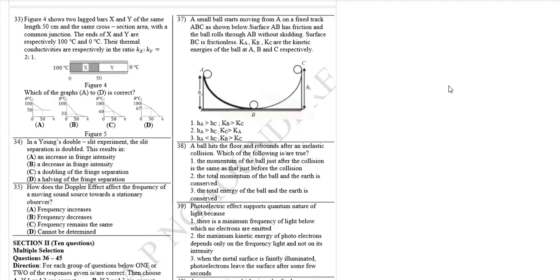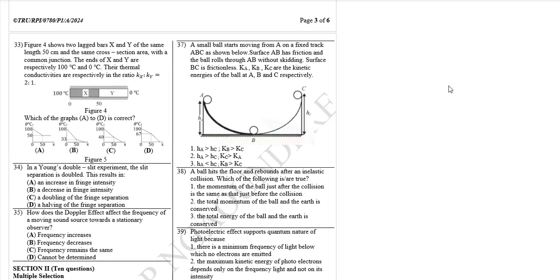Question number 33. Figure 4 shows two lap bars X and Y of same length 50 centimeters and same cross-sectional area with a common junction. The ends of X and Y are respectively 100 degrees Celsius and 0 degrees Celsius. The thermal conductivities are respectively in the ratio Kx is to Ky equal to 2 is to 1.